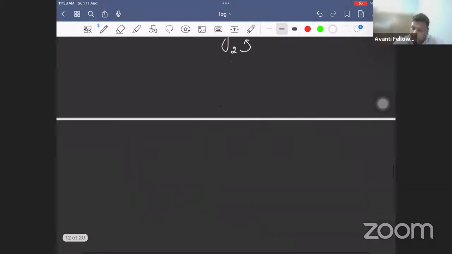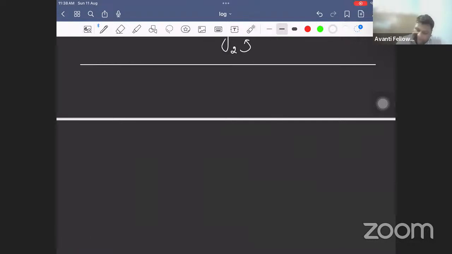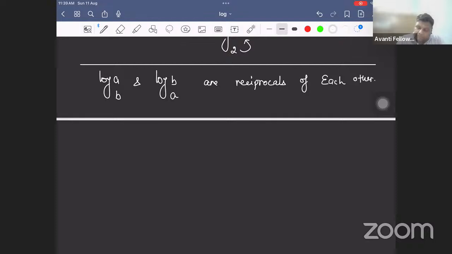Now, another very important thing is log A base B and log B base A. Log A base B and log B base A are reciprocals of each other. Why so?